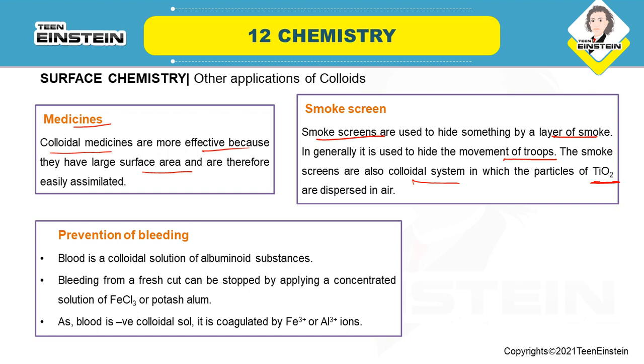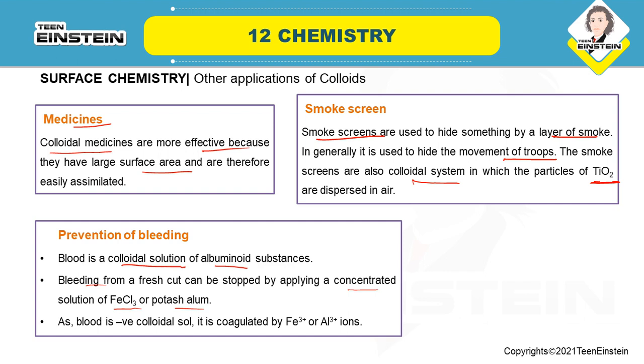Prevention of bleeding. Blood is a colloidal solution that we have already seen, a solution of albuminoid substances, which is actually a kind of protein. Now when there is a fresh cut and bleeding is occurring, it can be stopped by applying a concentrated solution of FeCl3 or potassium alum. Why is it so? Because blood is a negatively charged colloidal system.